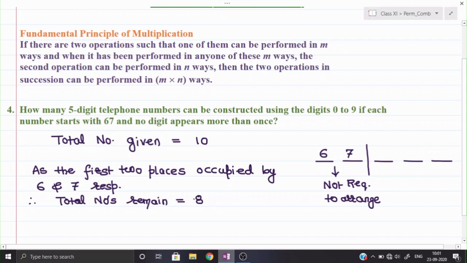And the number of places required to arrange is 3. But we are seeing each and every place separately according to the fundamental principle of counting.